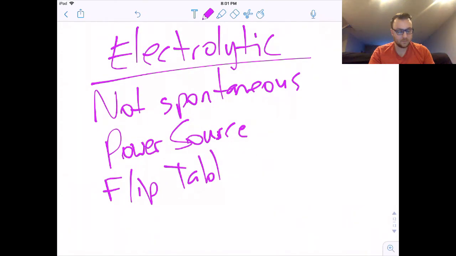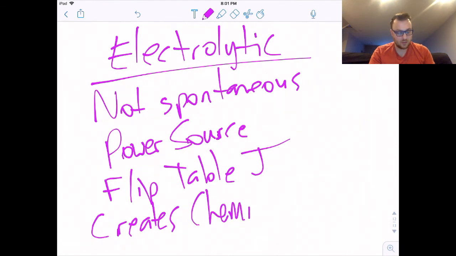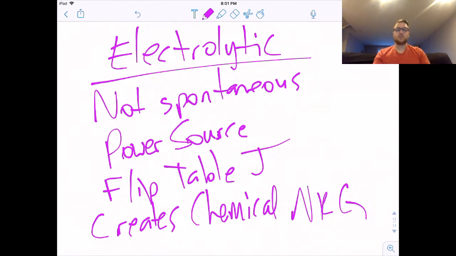So, basically what you're doing, when you normally connect, let's use Pb and Mg again. When you normally connect Pb and Mg together through that wire, normally the electrons are going to leave Mg and go to Pb. That's the natural, spontaneous, easy way. However, if you were to attach a power source, like a battery, to that reaction, you can cause the reaction to go in reverse.